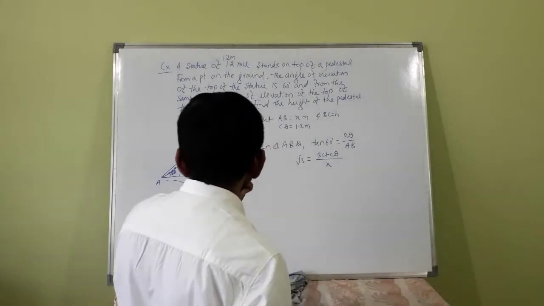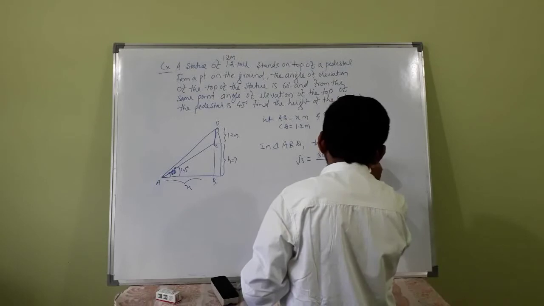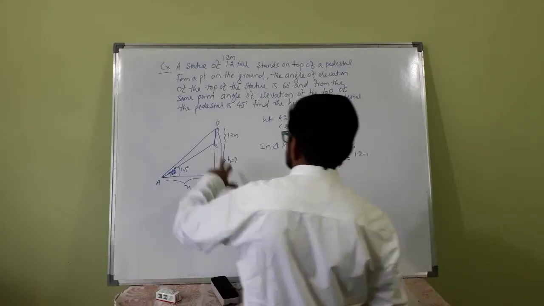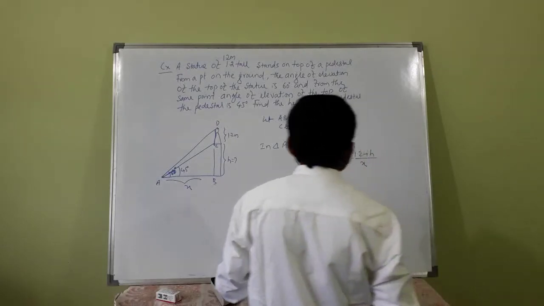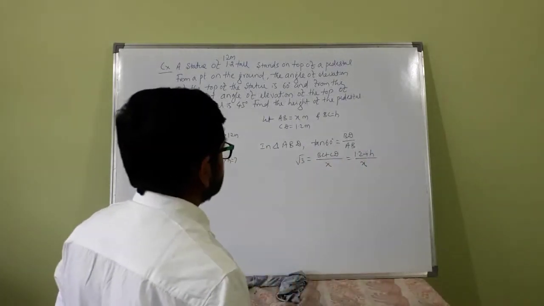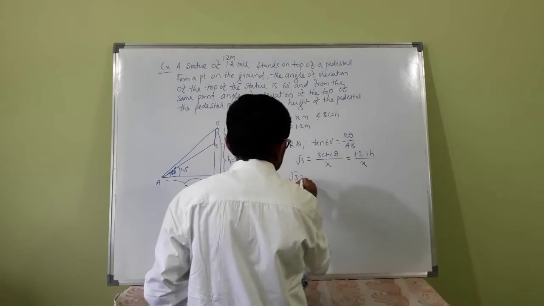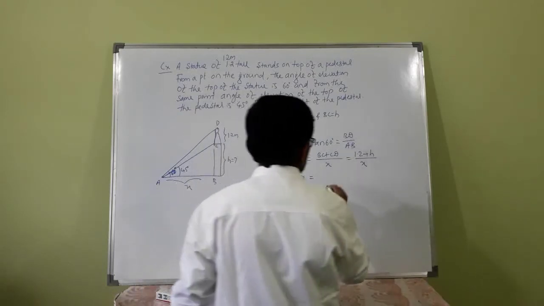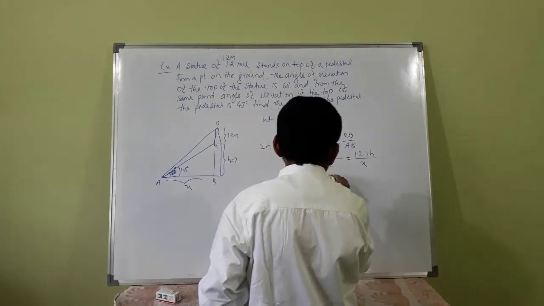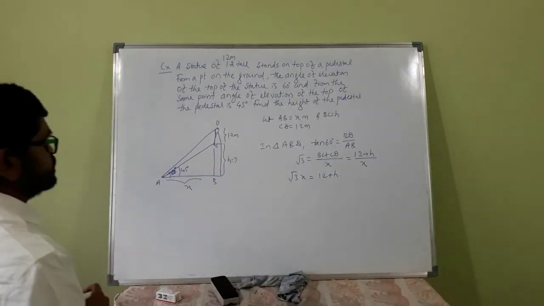BC plus CD means 1.2 plus h, divided by x. So root 3 x is equal to 1.2 plus h.